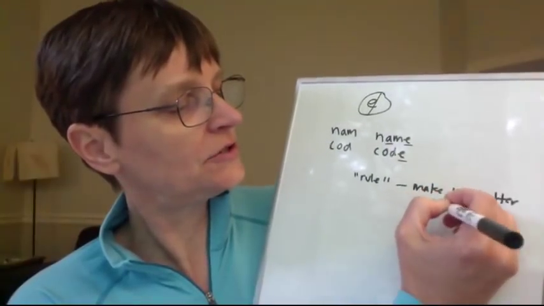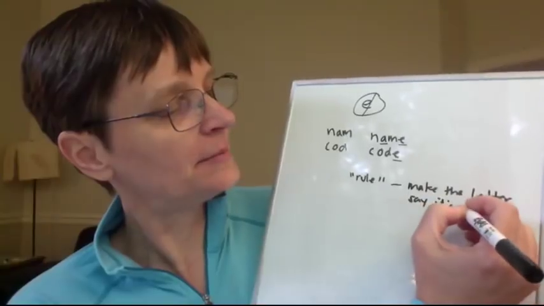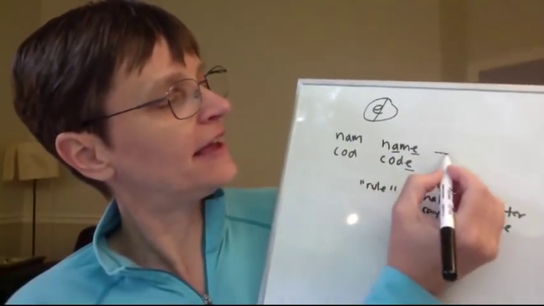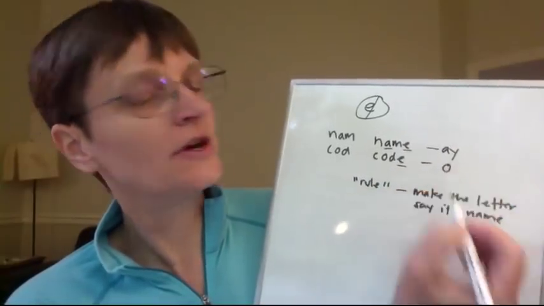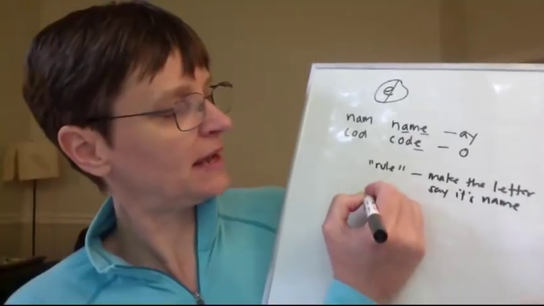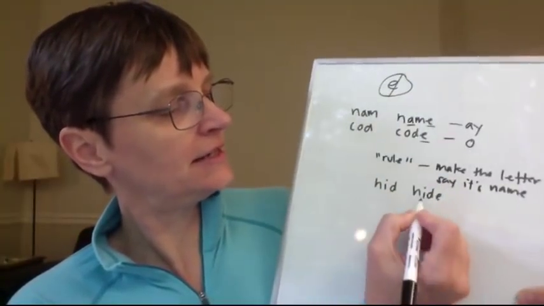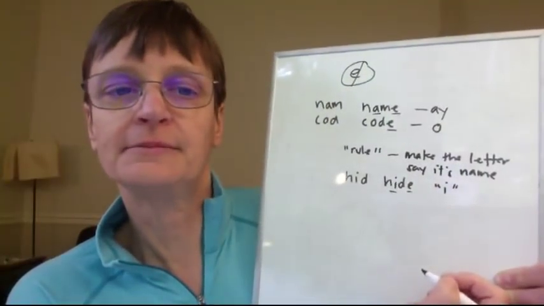And this isn't true every single time, but a lot of the time you'll find that if I have an E, then the A says "A." And if I have an E, the O says "O." Same with, for example, "hid" and "hide." The E makes the I say "I."